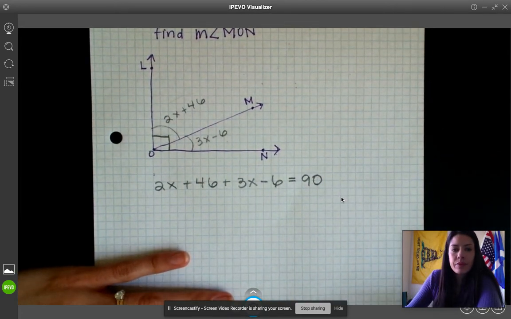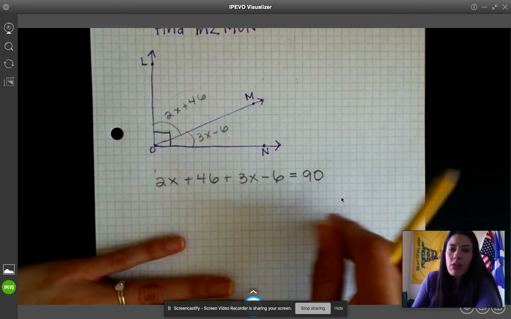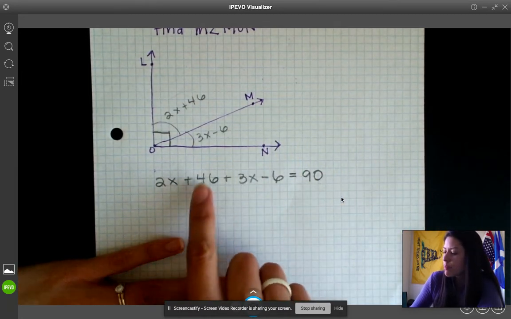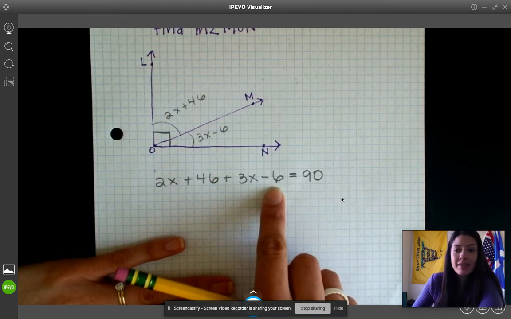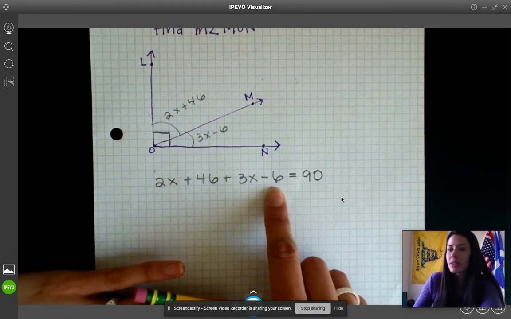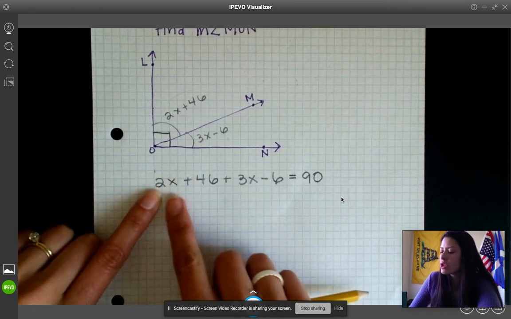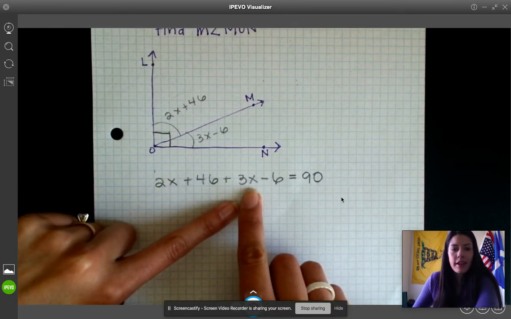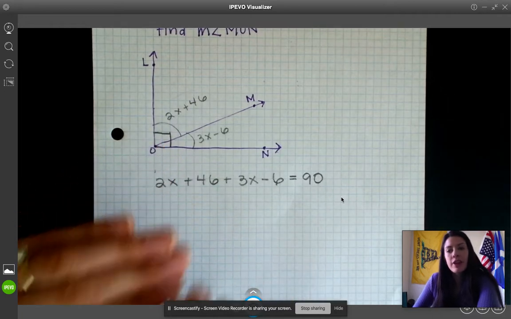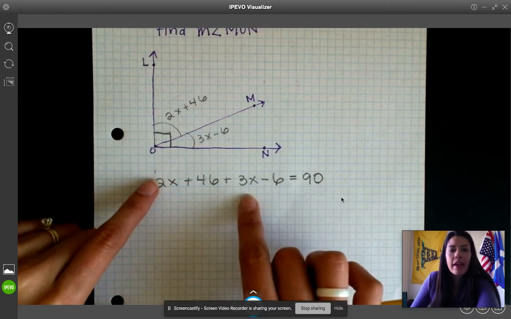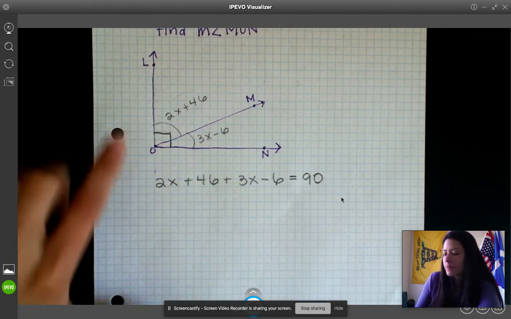Now I know this is a big, long equation. I have two constants here, the positive 46 and the negative 6, because they don't have a variable. And I have some like terms, the 2x and the 3x. So I'm going to rearrange my equation so that I have my like terms together.